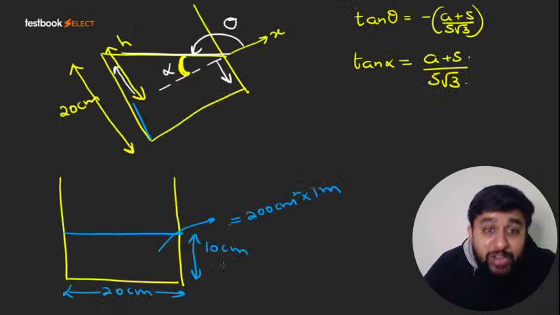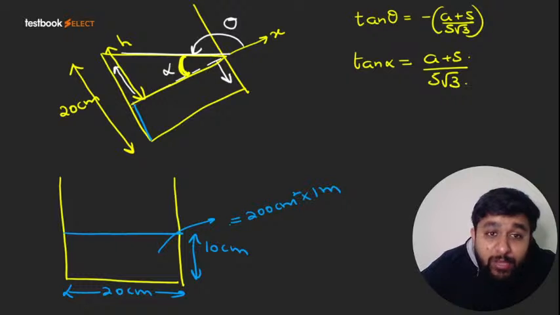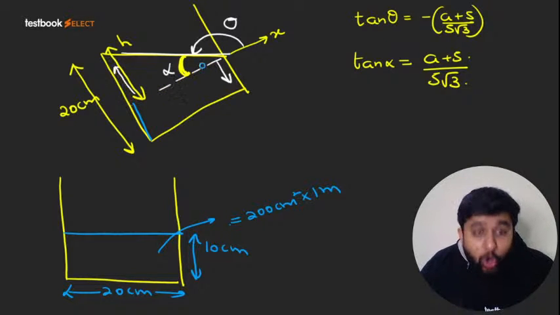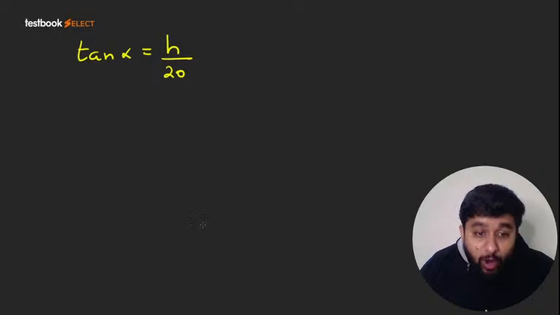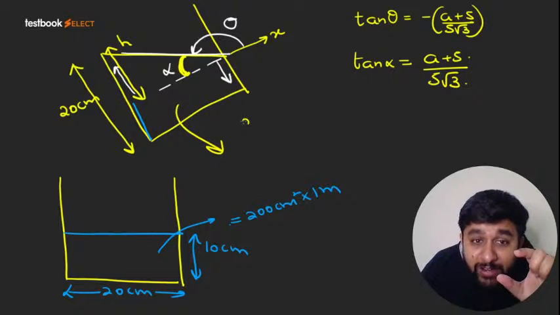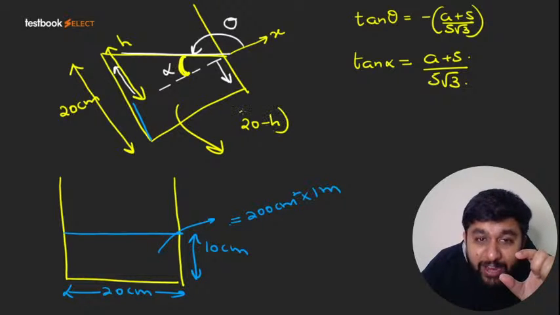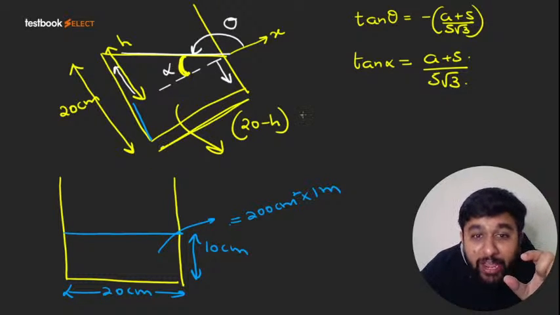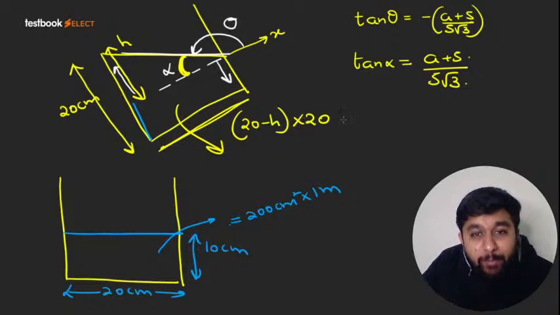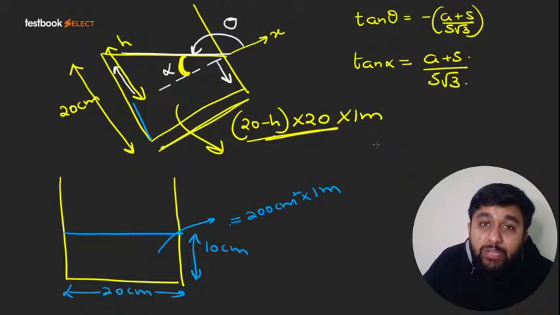If h is in centimeter, so tan alpha will be h by 20 centimeter. Furthermore, if I write the volume of water, how much will be this rectangle? So height of this rectangle is 20 minus h centimeter. Length of the rectangle is 20 centimeter and width perpendicular to plane of paper is 1 meter. So this much centimeter square into 1 meter.